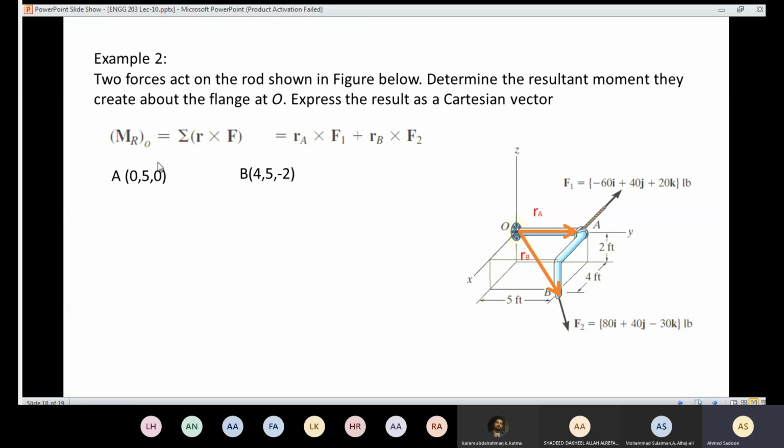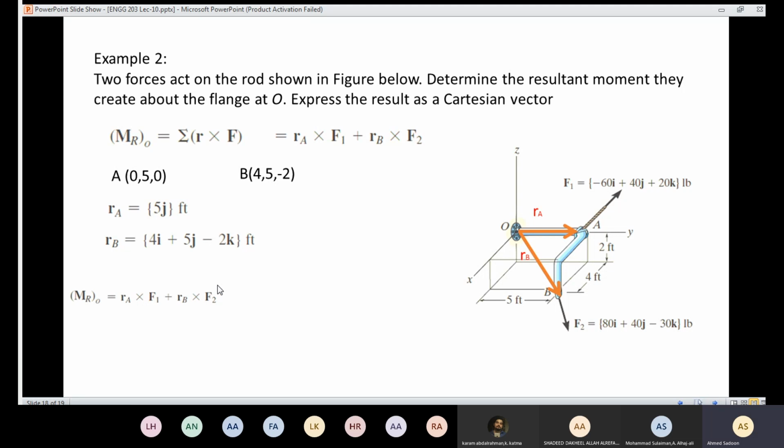But since the other two are 0, I'm going to say RA only equals 5j. And for point B, again, since the vector is between the origin and point B, RB is 4i plus 5j minus 2k, like here. So now I know RA, I know RB, F1 is given, and F2 is given as well.